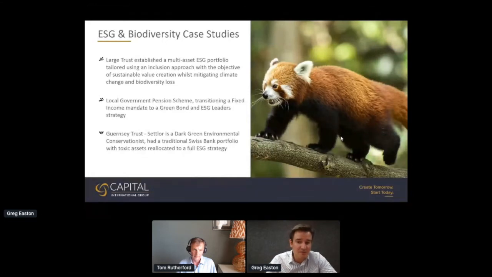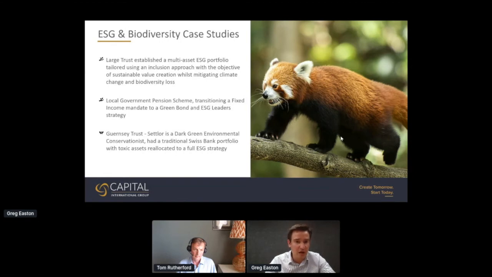But the objective that was set was that of sustainable value creation whilst mitigating climate change and biodiversity loss. So it went beyond just focusing on climate issues and actually specifying biodiversity loss as a criteria that we would be measured against when we're managing the portfolio.